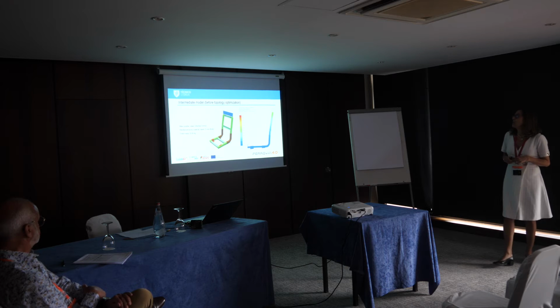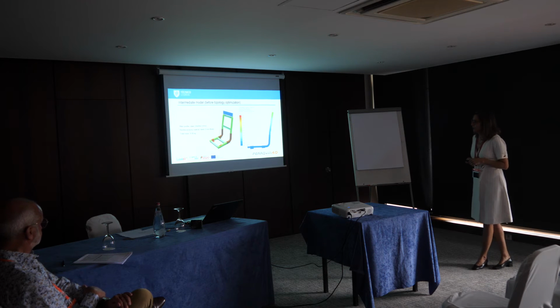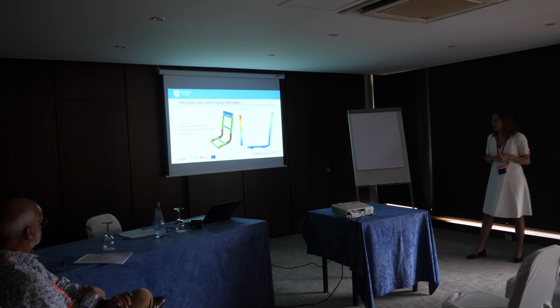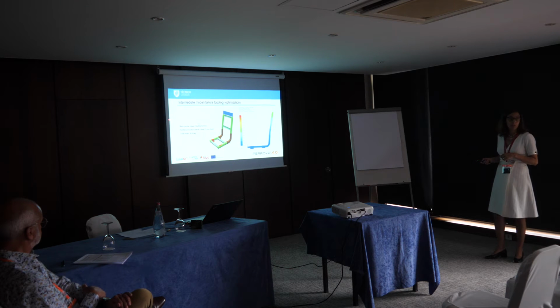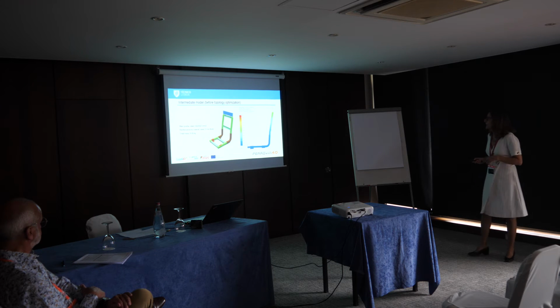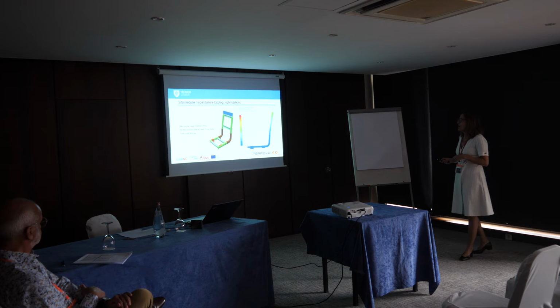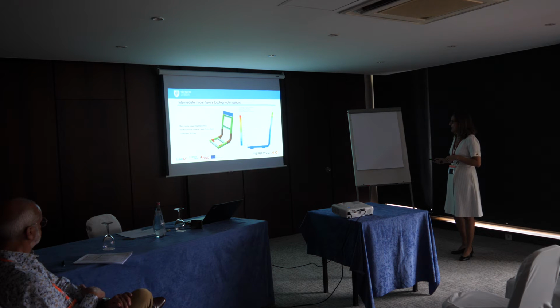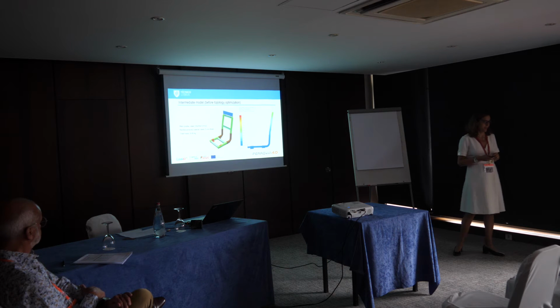For this intermediate model, we use a main profile of steel with 30 by 30 by 3 millimeters. The reinforcement material is also steel with 3 mm thickness, and the total mass is more or less 7 kilograms. And here we obtain a maximum displacement in the headrest zone of 17 millimeters.